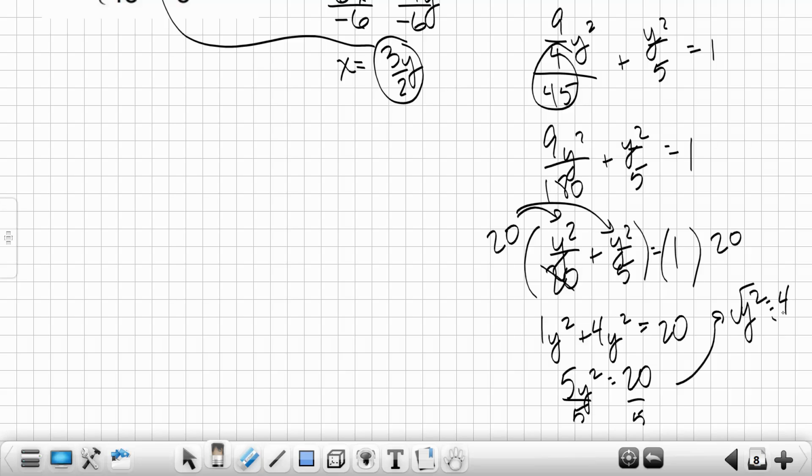Square root. Give me both answers. y equals plus or minus 2. We're not done. What is our solution? Our solution or solutions are, give me a noun.